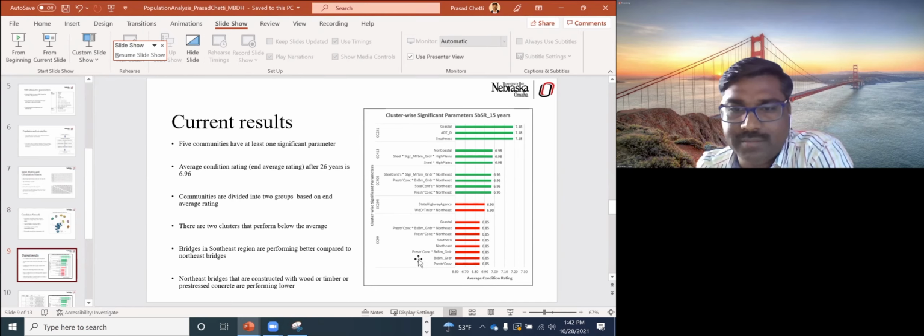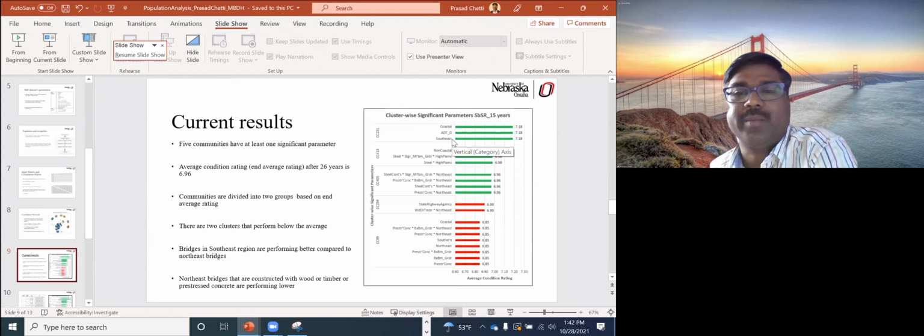For example, candidate cluster number 231 has coastal region bridges with average daily traffic category D, meaning 500 and above, and these bridges are mostly Southeast bridges. So Southeast is a particular parameter that is enriched for this cluster. Like this, for each candidate cluster, different input parameters are significantly enriched.